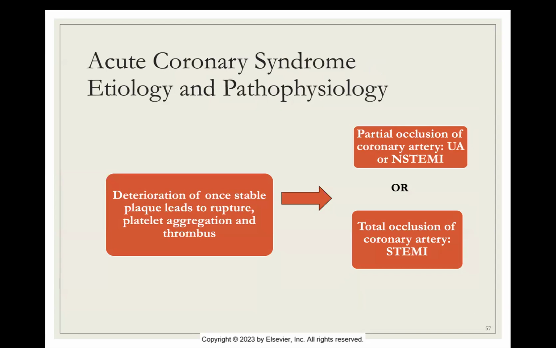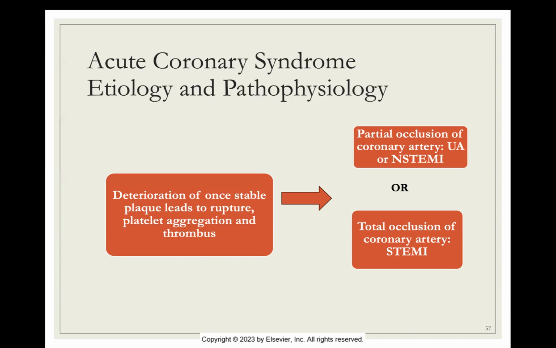Okay. So, what happens usually when we have acute coronary syndrome is that we have deterioration of a once stable plaque that leads to rupture. So, we have atherosclerosis, and then we have plaque formation, and then that plaque ruptures, breaks off, has platelets gathering around it to try to repair.